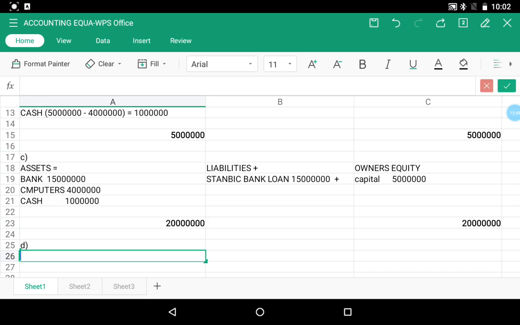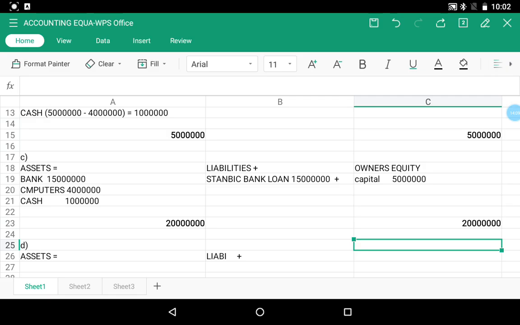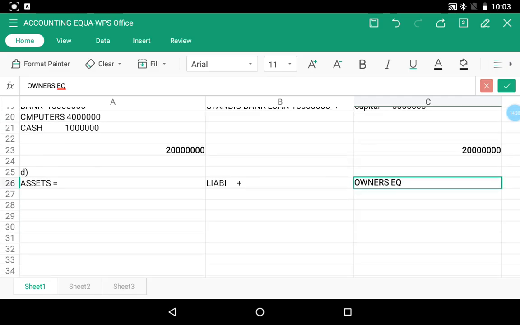So our accounting equation is assets is equal to liabilities plus owners equity.